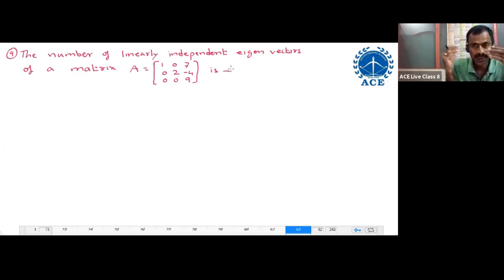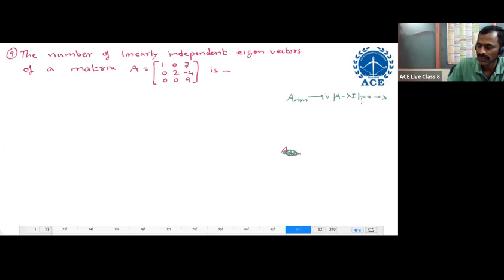It is a 3 by 3 matrix. For a 3 by 3 matrix, 3 eigenvalues exist. For each eigenvalue, we find the eigenvector. For A n cross n, to find the eigenvalues, we consider determinant of A minus lambda I equal to 0.